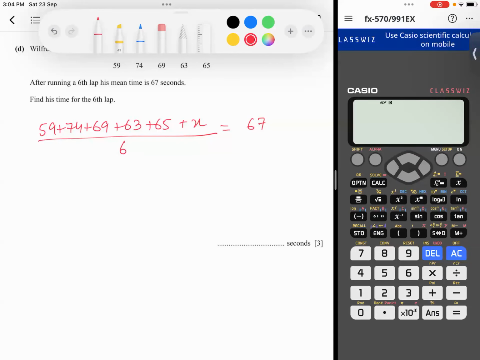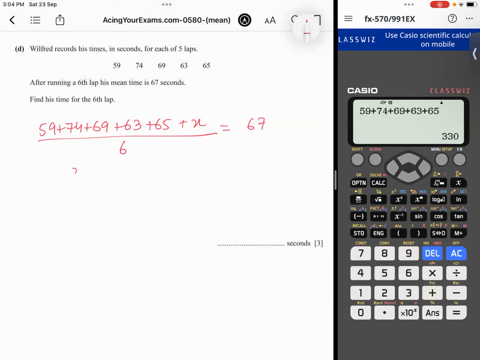So let me add the numerators first. It is 59 plus 74 plus 69 plus 63 plus 65. So that is 330. So 330 plus x, divided by 6, is equal to 67. This 6 will go there as a multiplication.